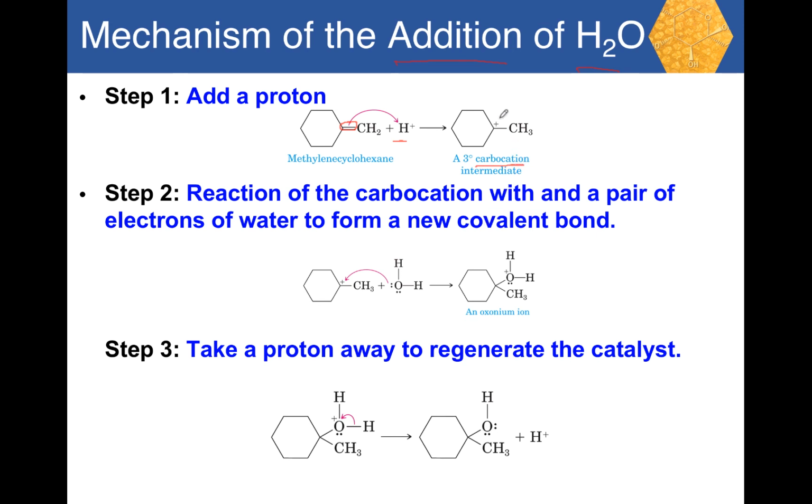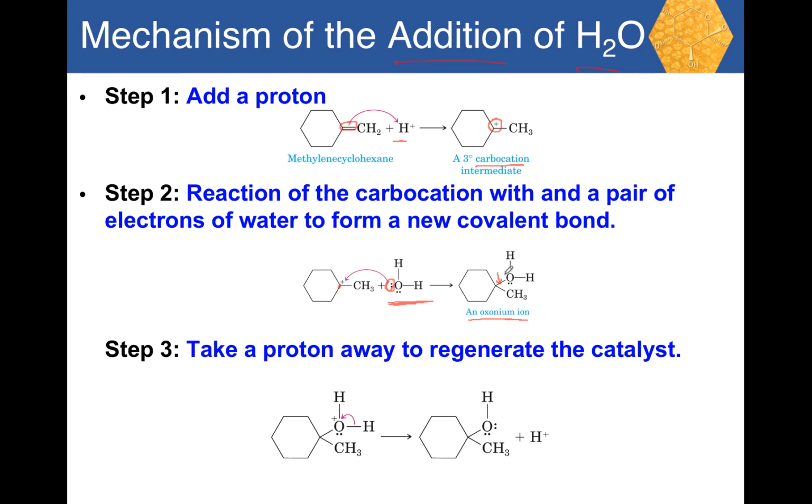This carbocation has a positive charge right here. In the next step, here's water now. Of course, as you know, water is neutral, but it has a pair of electrons right here. These electrons can now bond to that carbon to make this bond right here. This arrow indicates that electron movement. So here we have this other intermediate, because oxygen, of course, as you know, has two bonds.